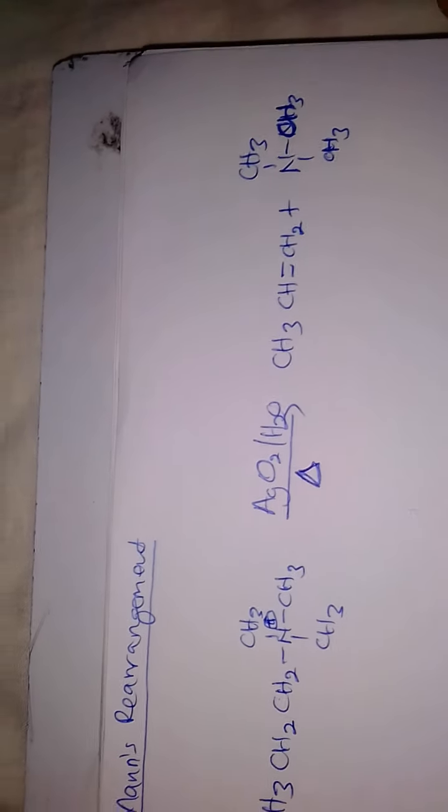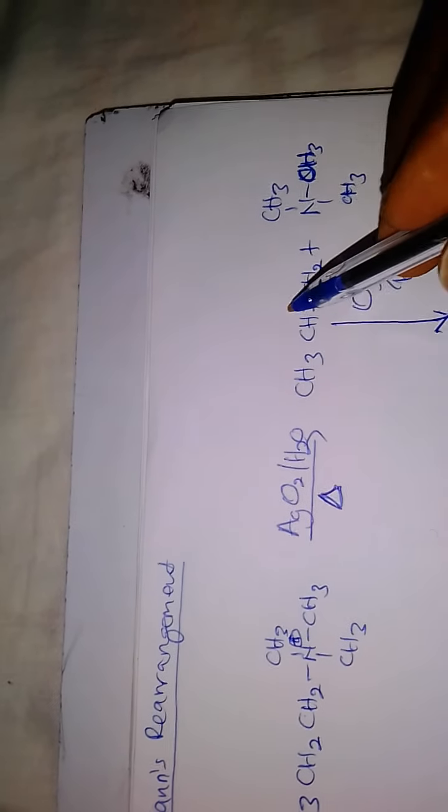This alkene can undergo several reactions. Let's see ozonolysis. So ozonolysis of this alkene, followed by a reduction, will cleave off this double bond.